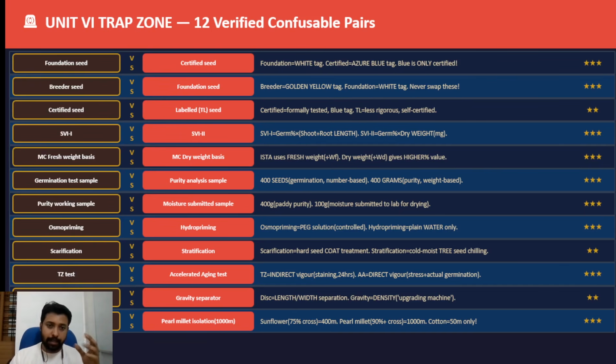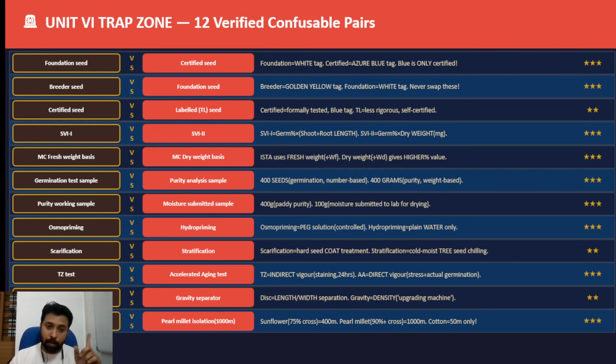Then the seed vigor index 1 and 2, we already discussed the difference. One is based on the seedling length, while the other is based on the dry weight of the seedling. Then fresh weight and dry weight based moisture analysis, the germination and purity analysis.